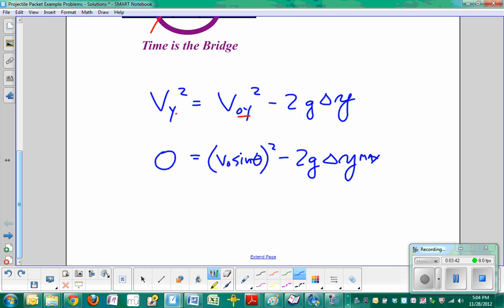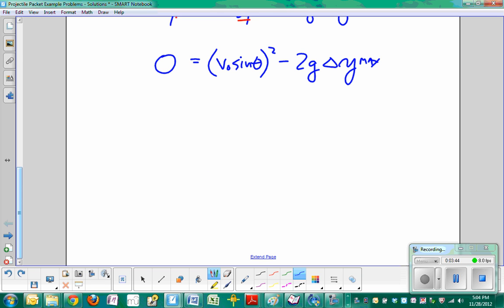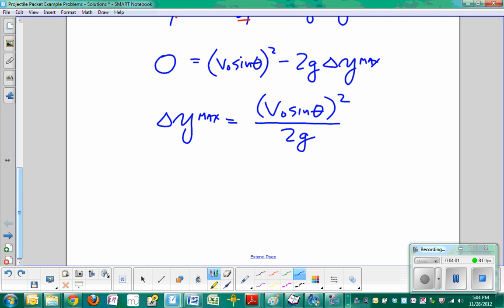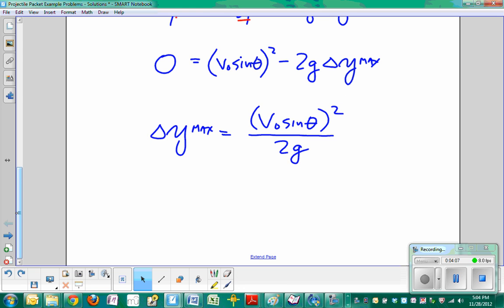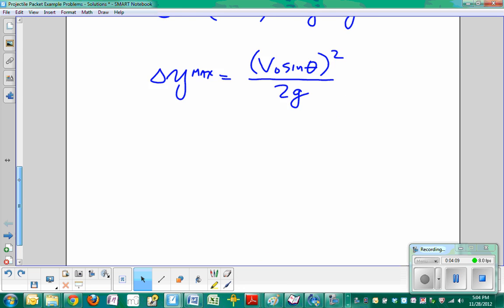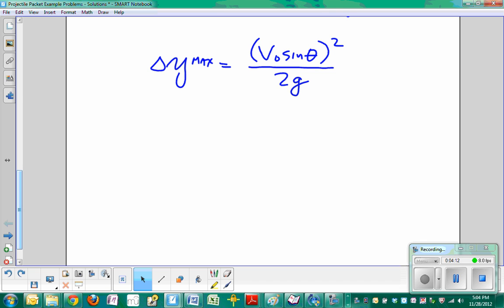Now, just rearranging algebraically, remember, rearrange letters, not numbers, we're going to say that delta y max is equal to V naught sine theta squared over 2g. If you want to do more steps than that for the algebra, that's perfectly okay. And now that we have it rearranged, we can go ahead and plug in the numbers.